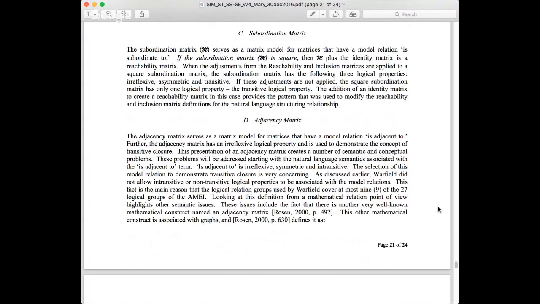And so we call it connected to, and the 27 buckets, logical buckets in the AMEI, all are based on connected to. So you're absolutely right that there's lots of these, but what we're trying to do now in this analysis is to bring up these points, specifically document them, and address the conflicts between the mathematical semantics and the natural language semantics.